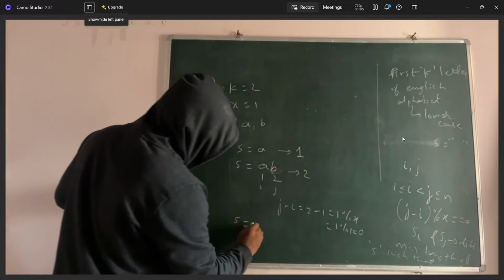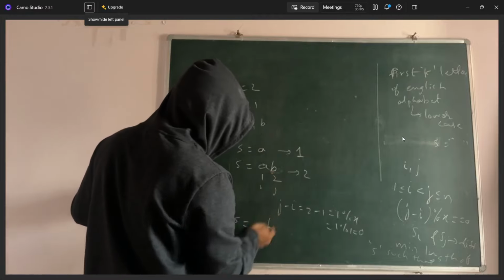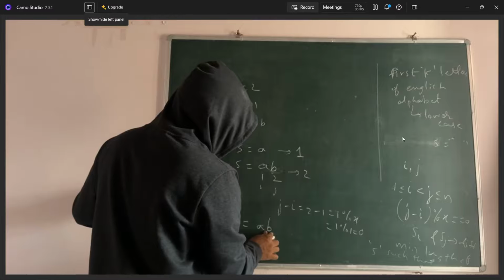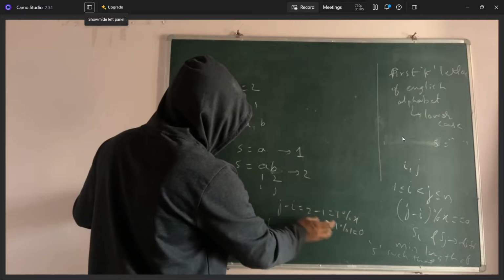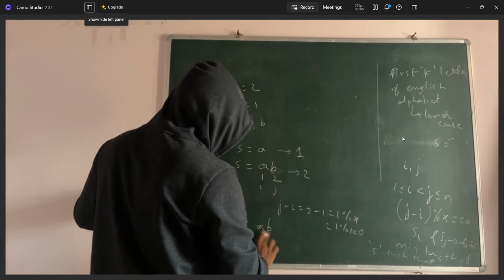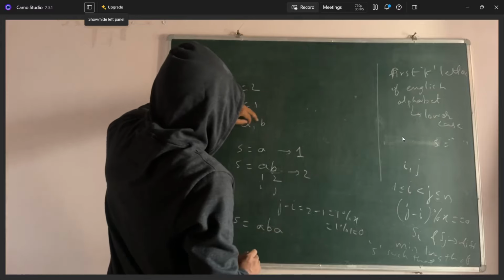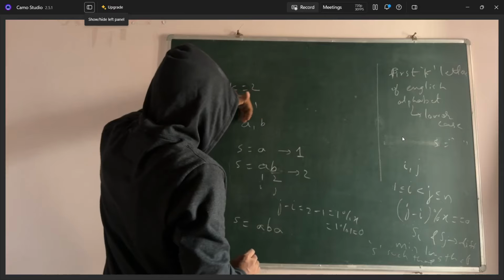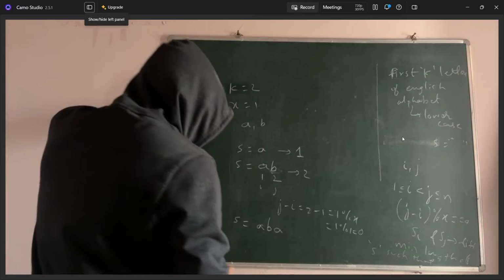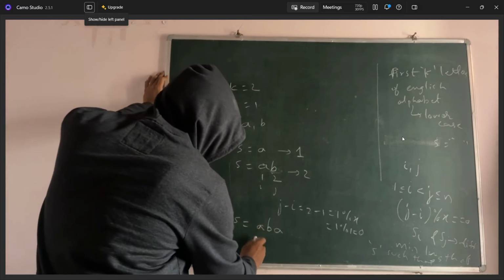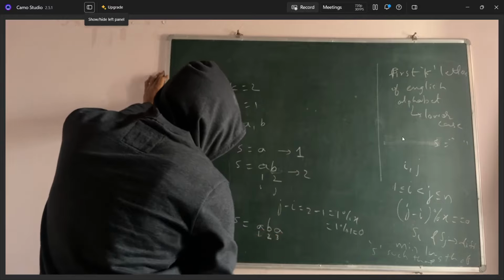Let's try to take three length. A, B, because from the above we came to know that here we can't put A, because this condition is holding good and these two characters have to be different. Now let's try to take A here again, because we can't choose C or something like that, only two characters we can choose. Let's take these as 1, 2 and 3.